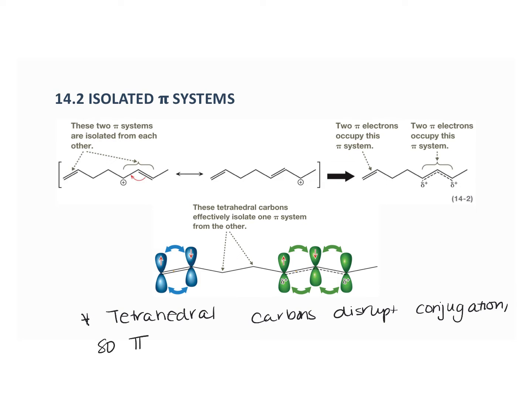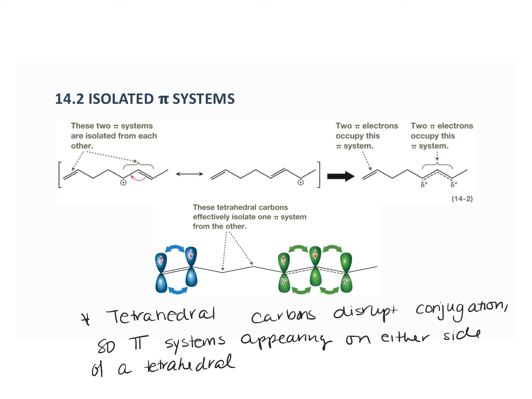So pi systems appearing on either side of a tetrahedral carbon are effectively isolated from each other.